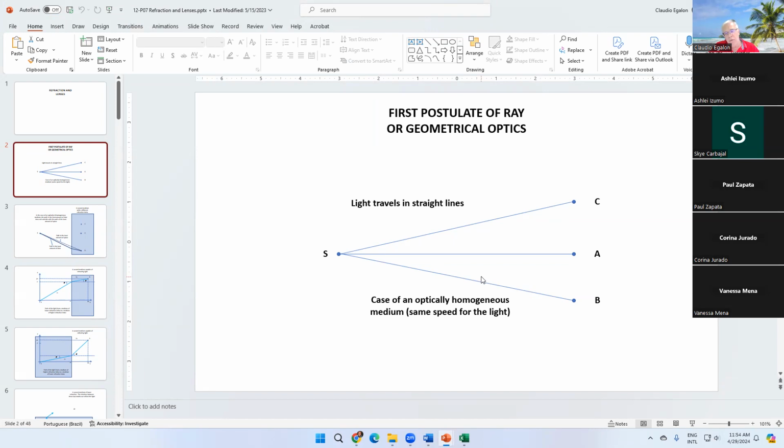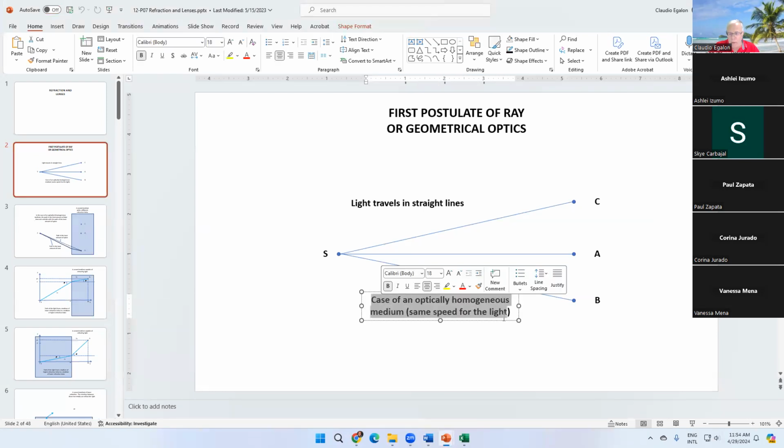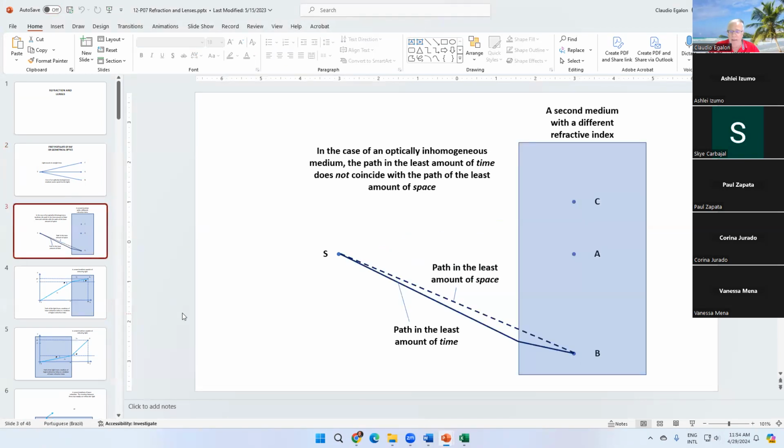Unless, of course, we introduce a medium of different refractive index. Same thing applies to B, a straight line from S to B, provided the medium is optically homogeneous. Homogeneity is defined in terms of the refractive index.